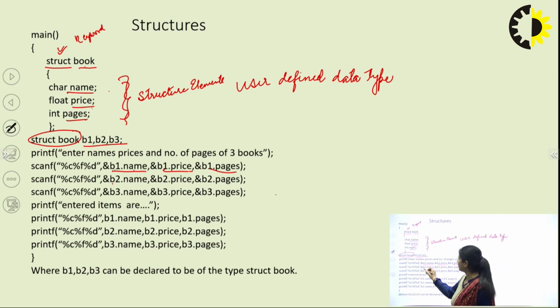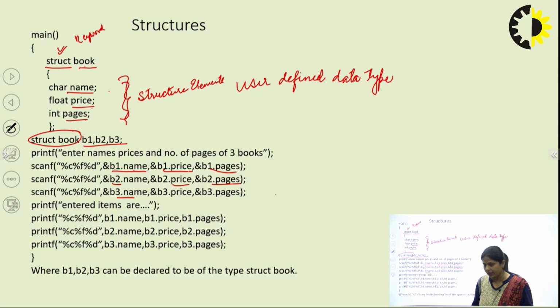Similarly, another variable b2 dot name, right? That means name of a second book, price of the second book, pages of the second book. Similarly, b3 dot name, that says just give an input for the third book's name, right? Then price of the third book and pages of the third book and so on.